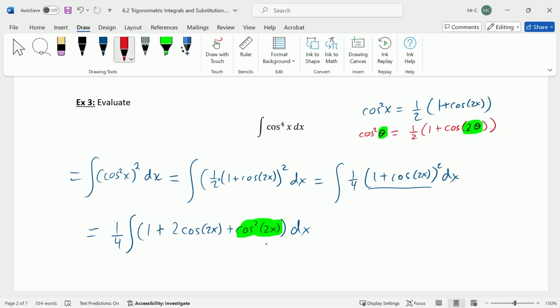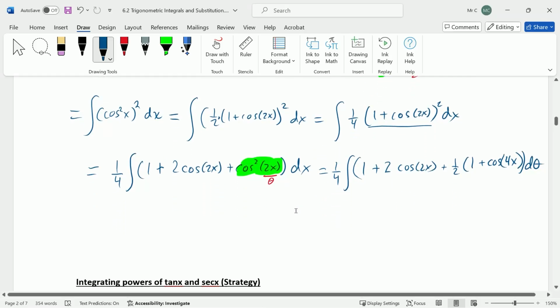So in this case, the theta is 2x, so I need to double that when I apply this formula. So that's going to be 1/2 times 1 plus cosine of 4x, 2 times the theta I already had.